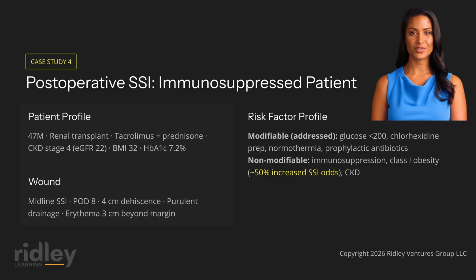However, the patient's immunosuppressed state from chronic prednisone and tacrolimus, obesity, and chronic kidney disease represent non-modifiable risk factors that substantially increase surgical site infection risk. The dose-dependent relationship between obesity and SSI risk, with Class 1 obesity at a BMI of 30 to 34.9 carrying an odds ratio of 1.5 for SSI in colorectal surgery, applies to this patient's abdominal procedure.